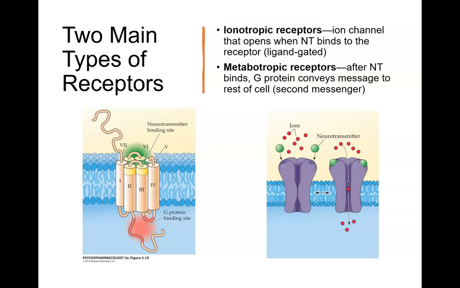We'll either get an EPSP or an IPSP. In the case of a metabotropic receptor, you can get a local potential as well, but there are other types of cellular effects. That includes things like regulating enzymes, expression of genes, and the synthesis of proteins.